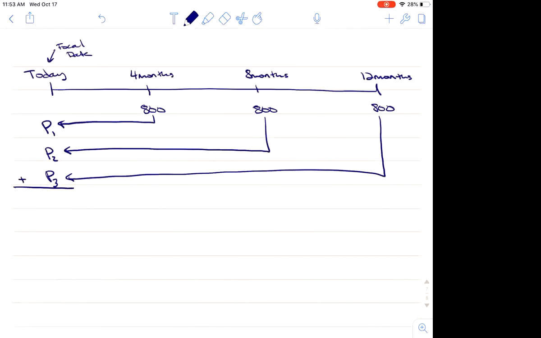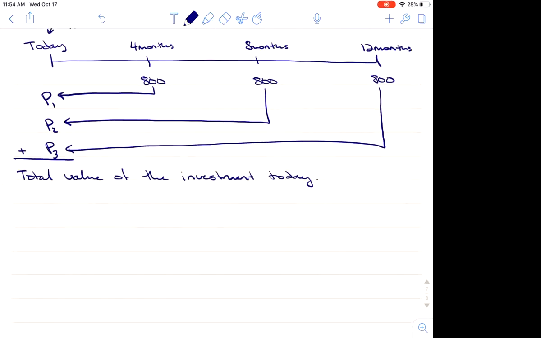The sum of these is the total value of the investment today. The idea is you wouldn't pay more for this investment than what it's worth today, and that's what they're asking.